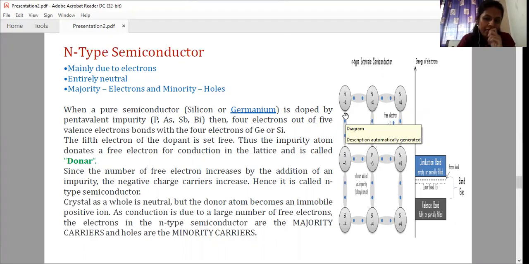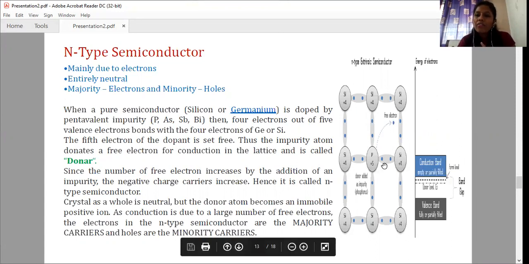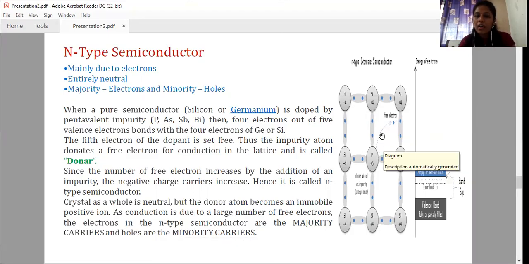Silicon is a tetravalent atom, meaning it has 4 electrons in the outermost shell. Now we add a pentavalent impurity, which has 5 electrons in the outermost shell. When this pentavalent impurity is added to a silicon atom, they bond with each other and one electron remains. In this diagram we see that one electron remains as a free electron.